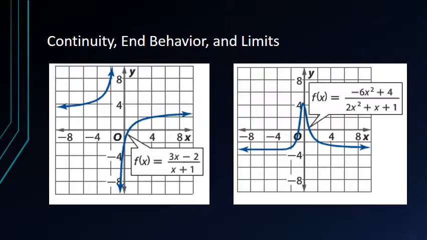Minus 6x squared plus 4, all that in parentheses, over parentheses 2x squared plus x plus 1, close parentheses, graph it.